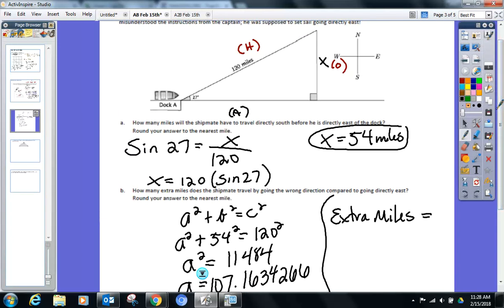Okay, so what am I adding? How many miles did I go in the wrong direction? I went 120 plus the 54 in the wrong direction, minus what I just found for that leg, which for me would have been 107.1634266.